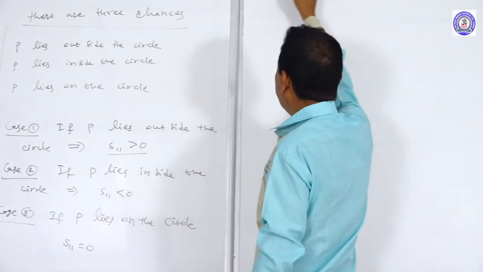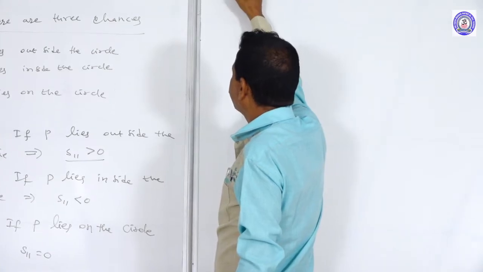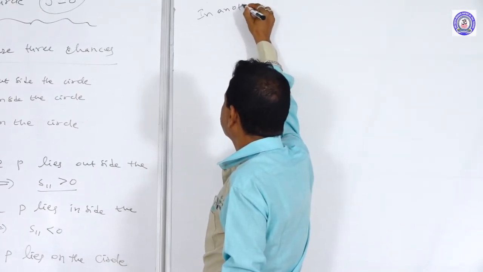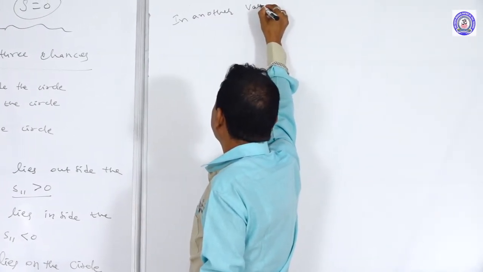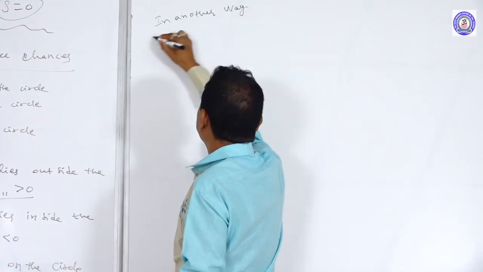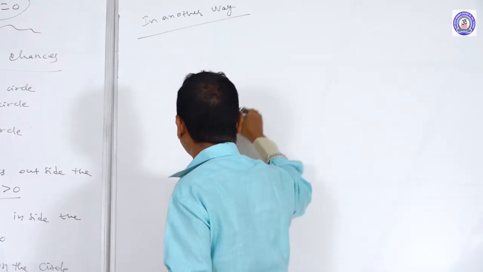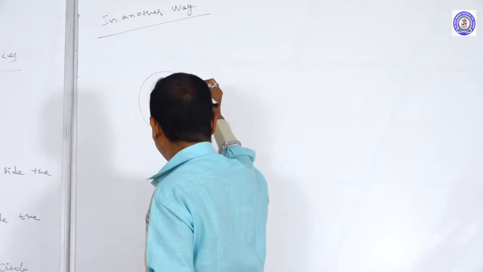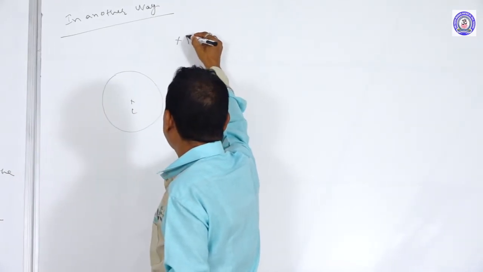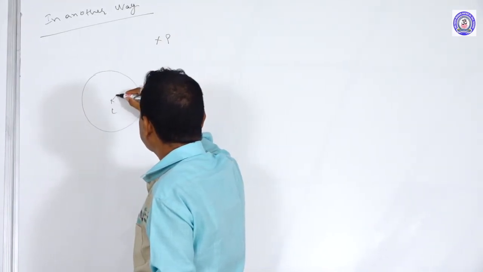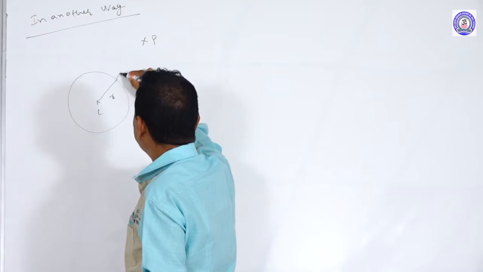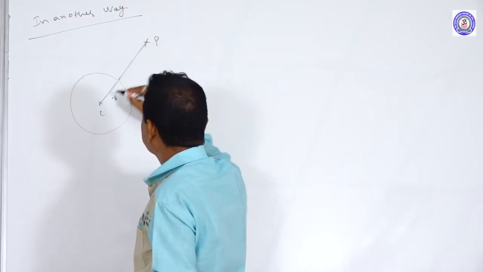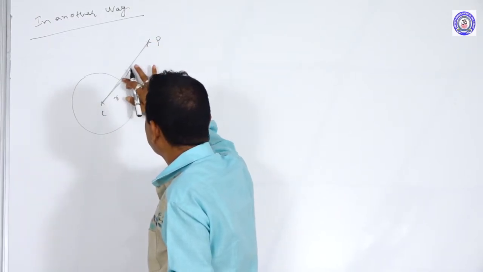Now in another way: this is the circle, this is the center C, point P is here, this is R, and we extend up to here through this.